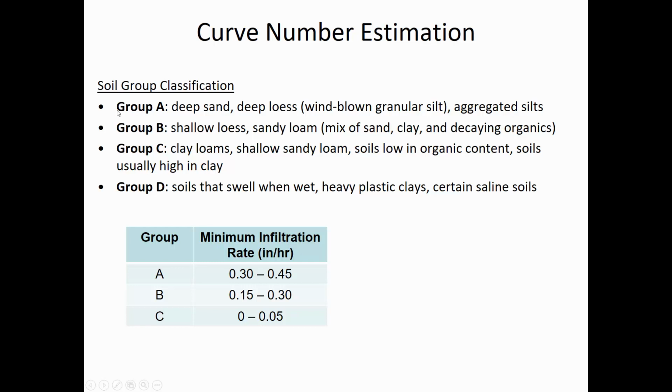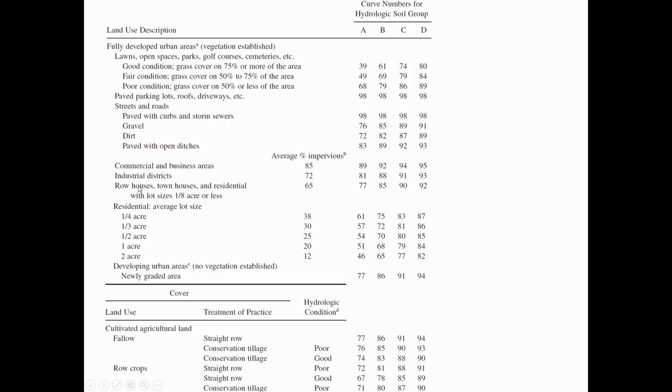The name of the data set that we're after to get this when we go to a GIS database is called hydrologic soil group. And so the hydrologic soil group will tell us this A through D rating. And then we combine the hydrologic soil group with these land use descriptions.